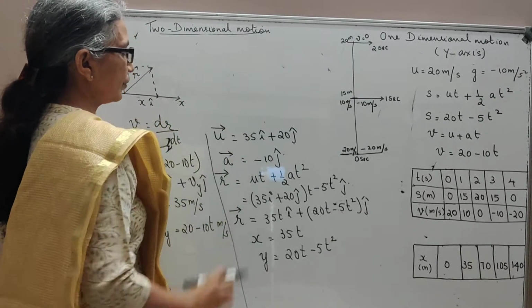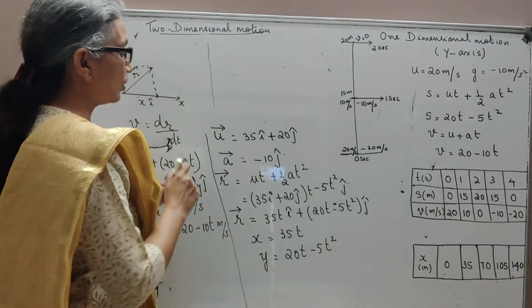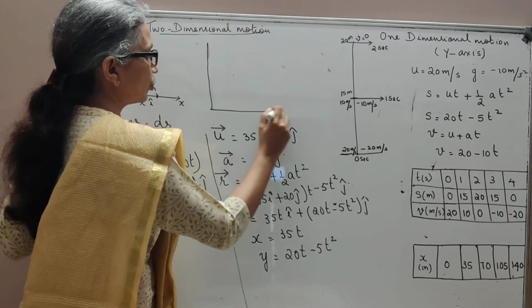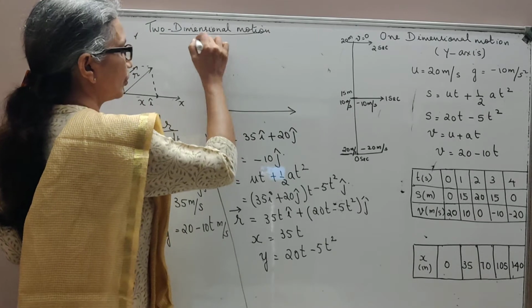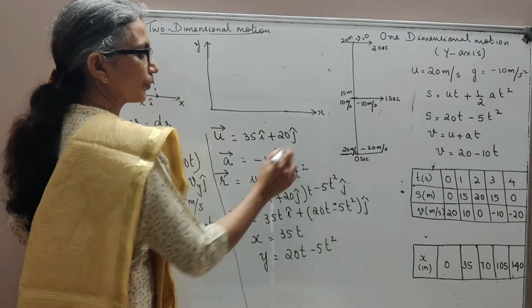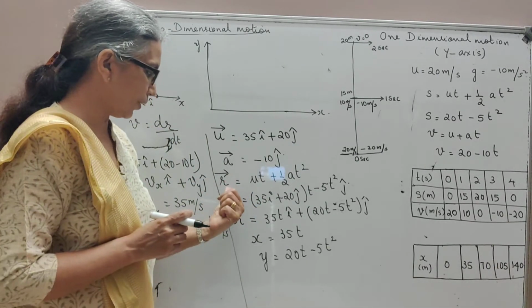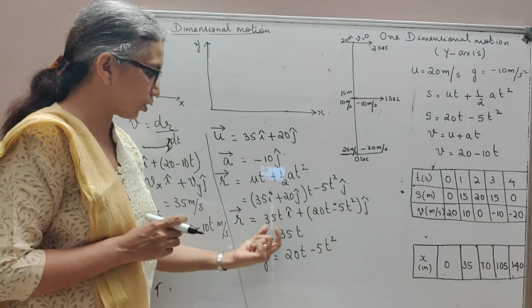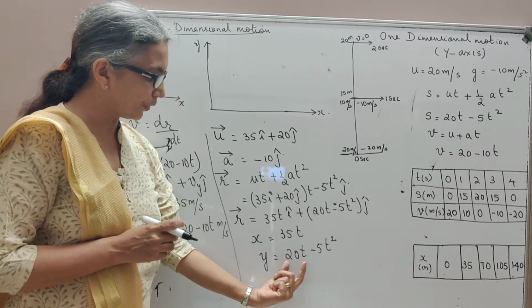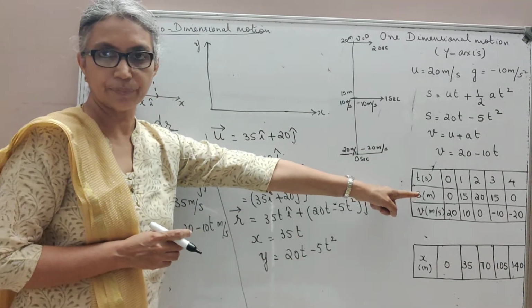So if you now look at the motion of this body in 2D, you projected the body with initial velocity u, which was 40 meter per second. Okay, so this is the y-axis and this is our x-axis. The position vector of the body has an x component which is 35 times t, plotted there, and a y component 20t minus 5t square, where the values are plotted here.